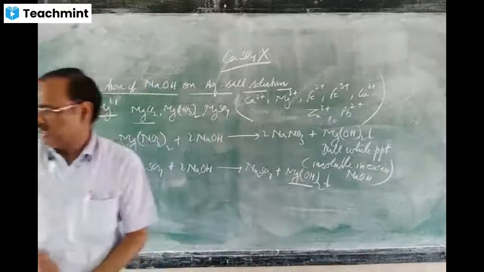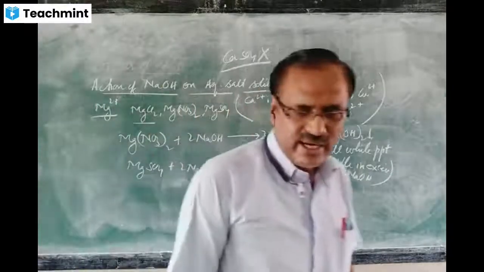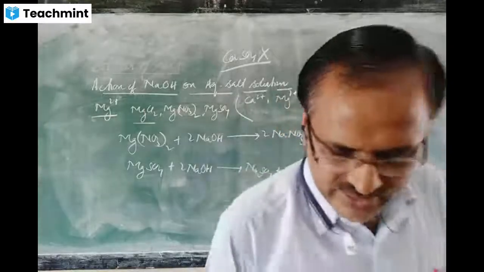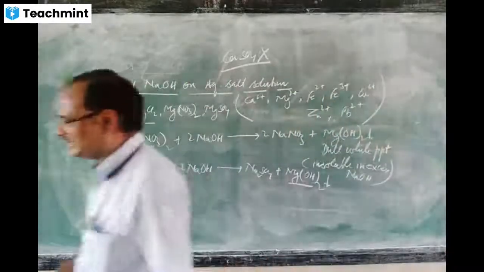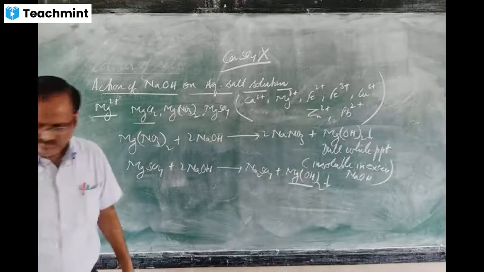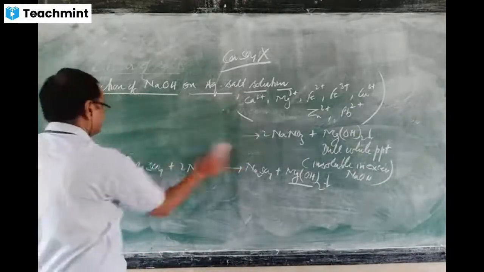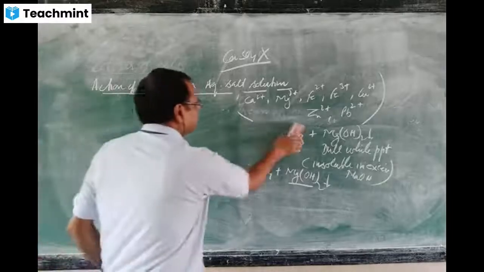Now the next one we have to take is ferrous iron. Next cation, ferrous iron.